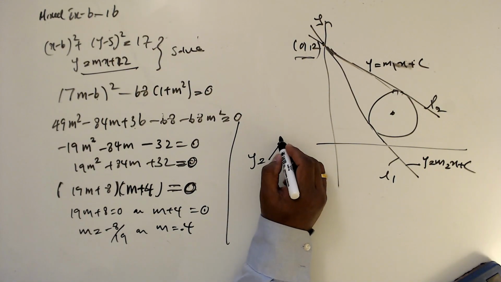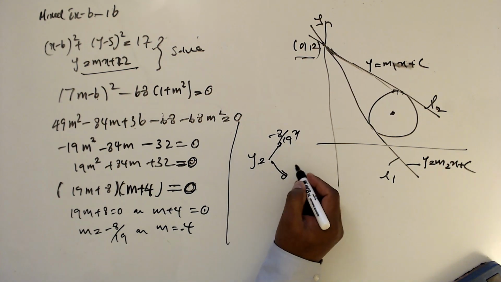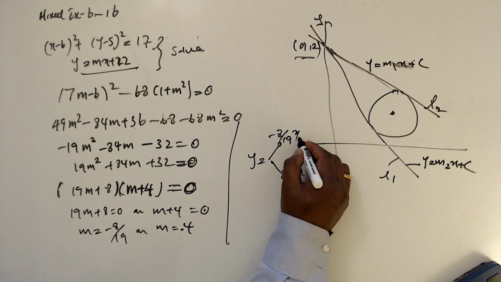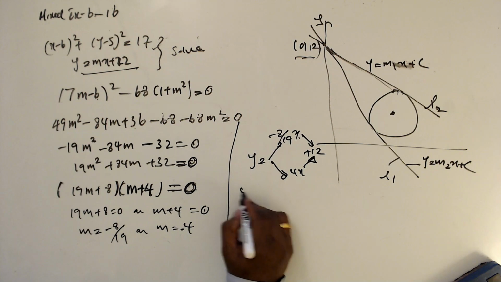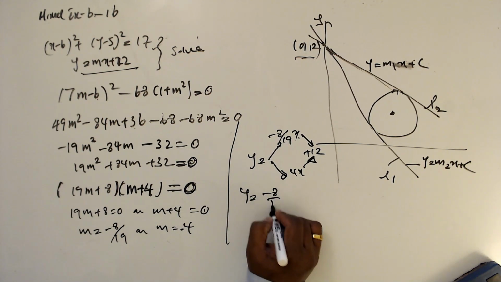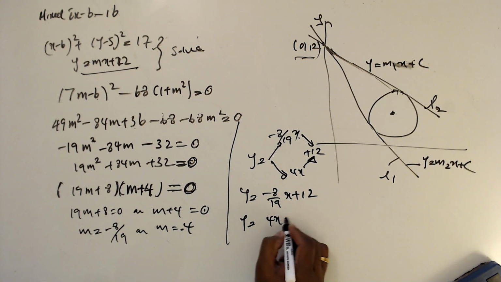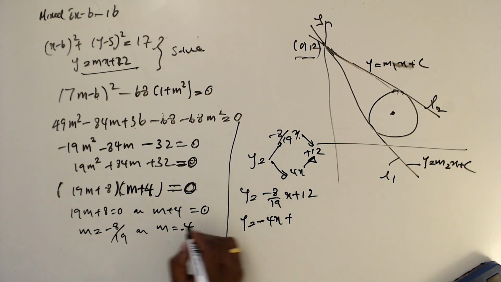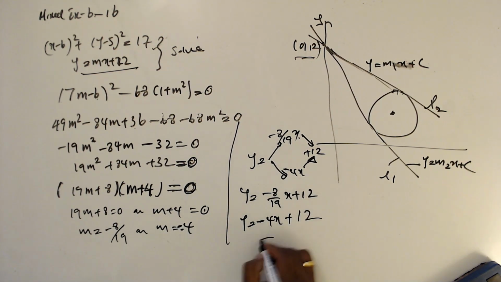One is 8 over 19 x, the other one is 4x plus 12. So y equal 8 over 19 x plus 12 and y equal minus 4x plus 12.